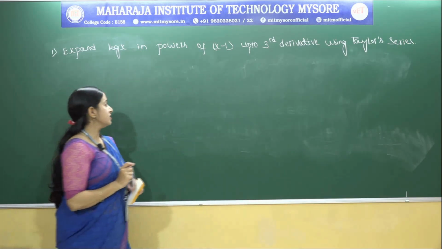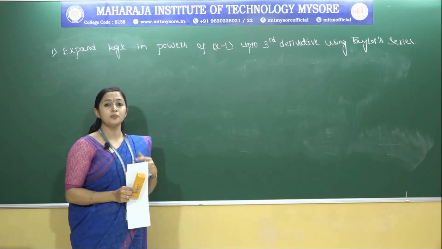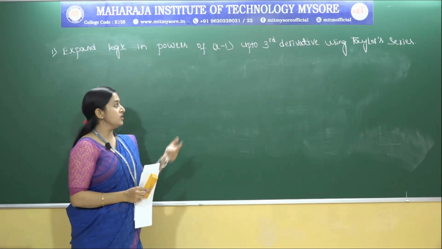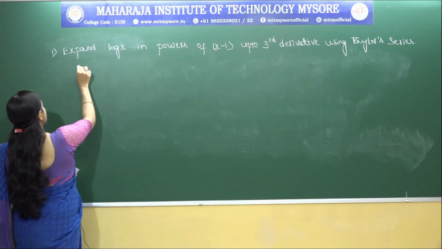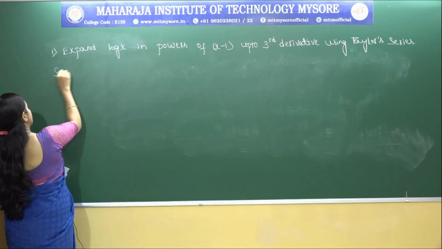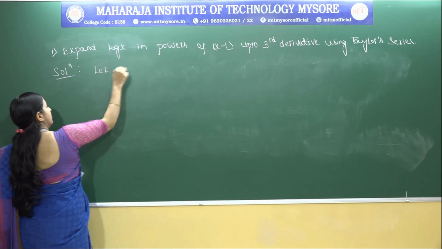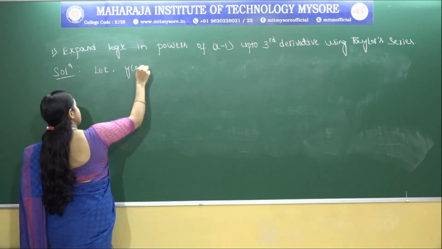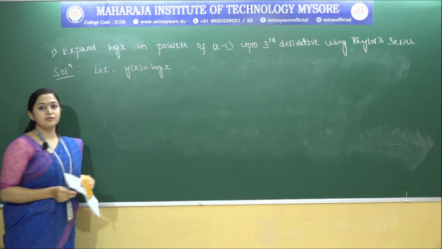So here the function is log x. You have to expand in powers of x minus 1 till the third derivative using the Taylor series. In the given function, let y of x equals log x. This is the given function.